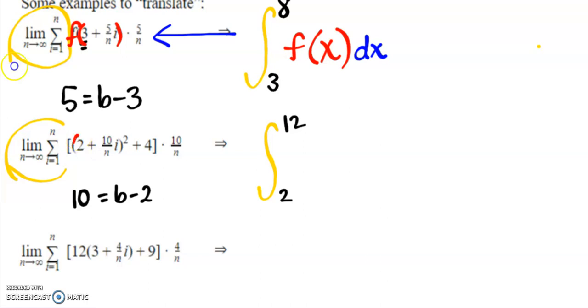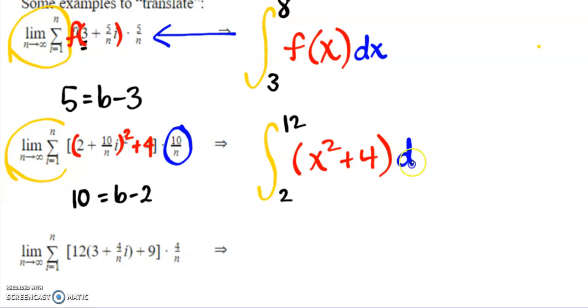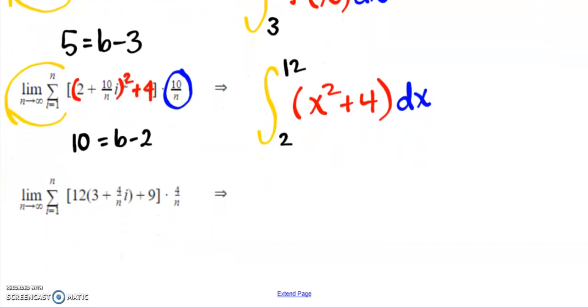My function here is taking all of this stuff, squaring it, and adding 4. So my function is actually x squared plus 4. And then remember, this part again just always represents my width getting infinitely small. Again, if you were to see this, it means, hey, do this.